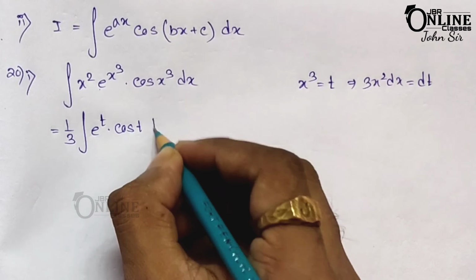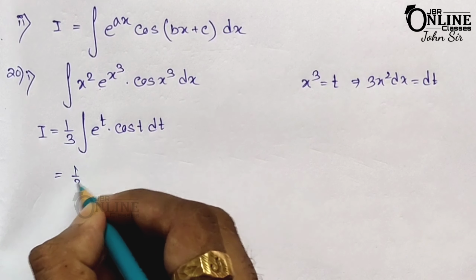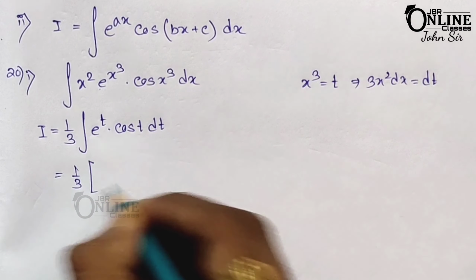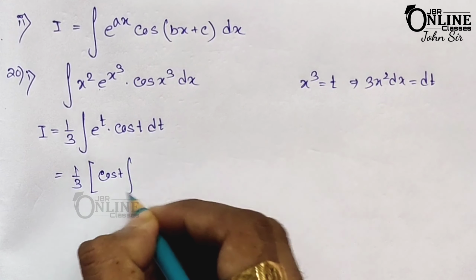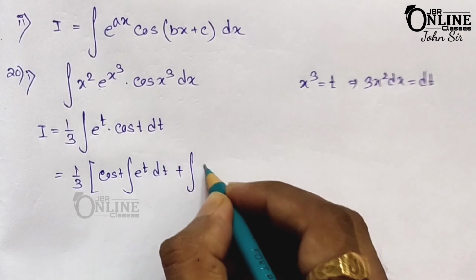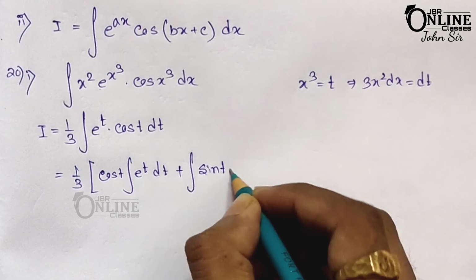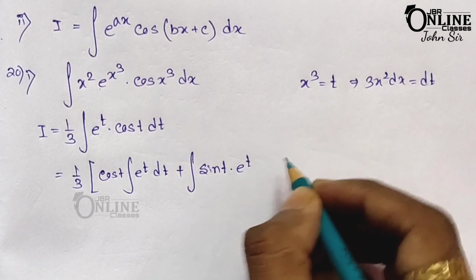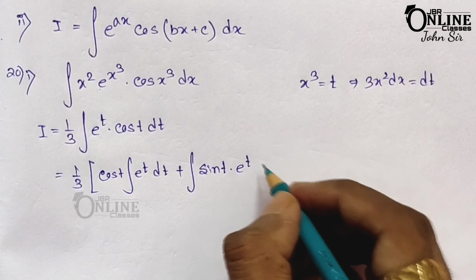So now you have that equal to I, so 1 by 3, then first write down cos t, then integration e to the power t dt minus integration. Now derivative of cos t is minus sin t, and integration of e to the power t will be e to the power t, and here dt.